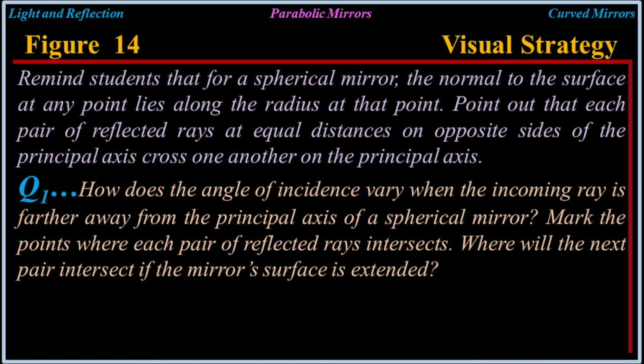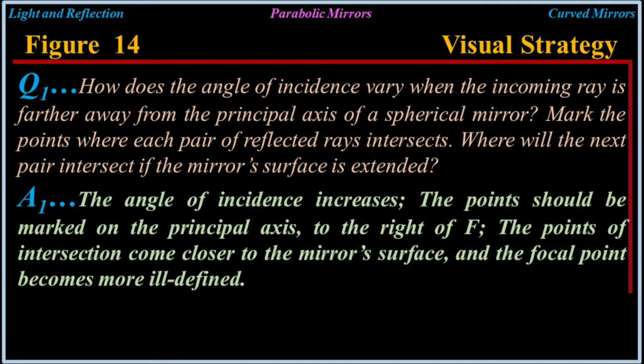Question 1. How does the angle of incidence vary when the incoming ray is farther away from the principal axis of a spherical mirror? Mark the points where each pair of reflected rays intersect. Where will the next pair intersect if the mirror's surface is extended?